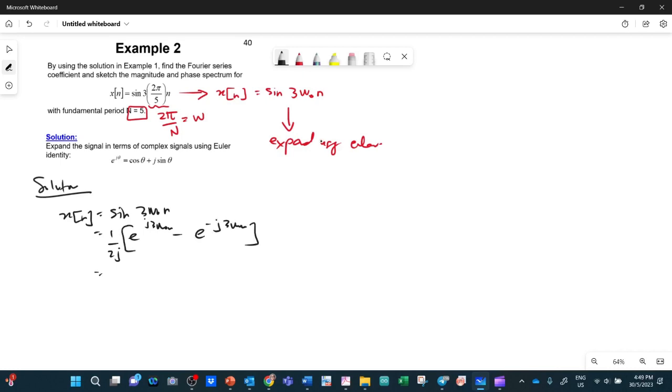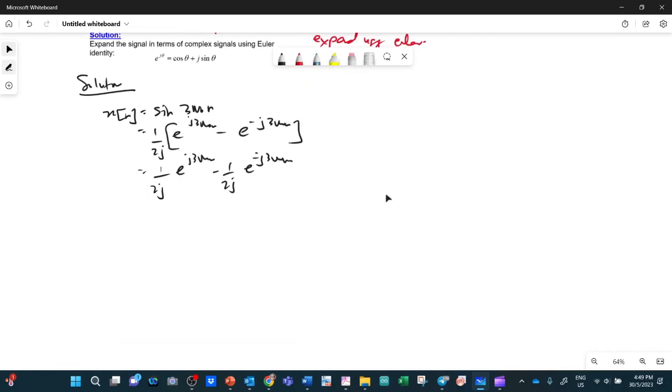Expanded, it is 1 over 2j e to the j 3 omega n minus 1 over 2j e to the minus j 3 omega n. So what is the k value here? The k value is 3, and here it is minus 3.